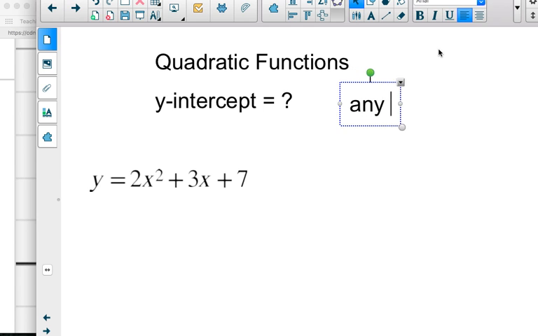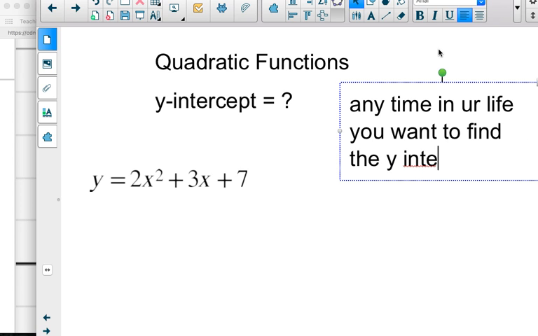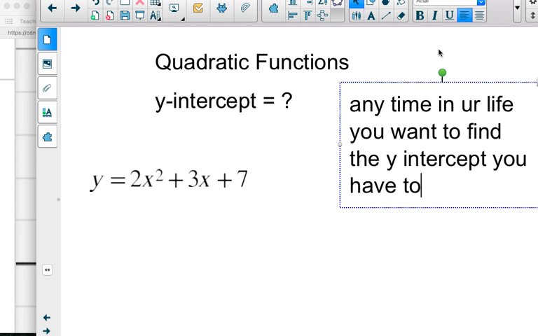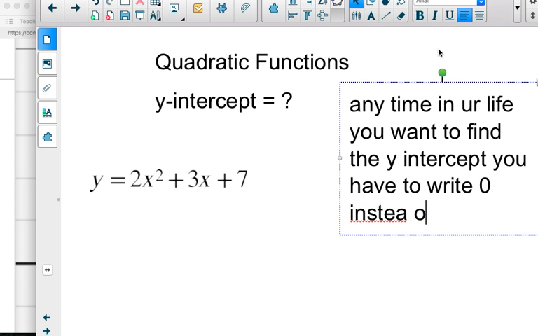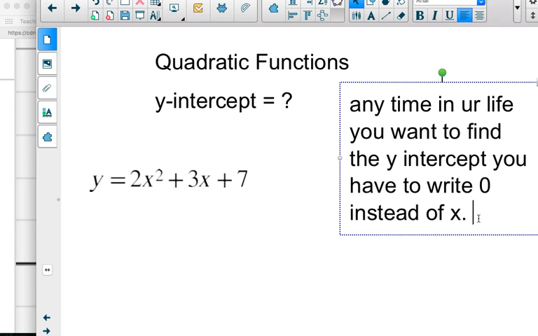Anytime in your life you want to find the y-intercept, you have to write 0 instead of x. I strongly recommend you to write this part.